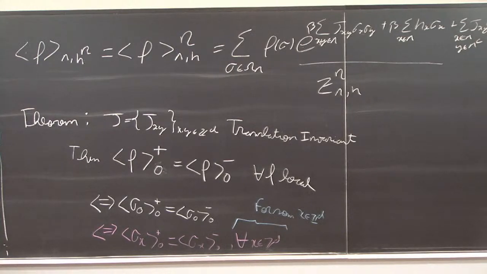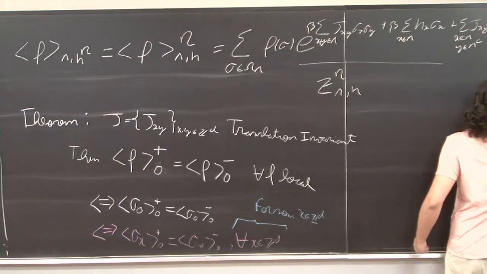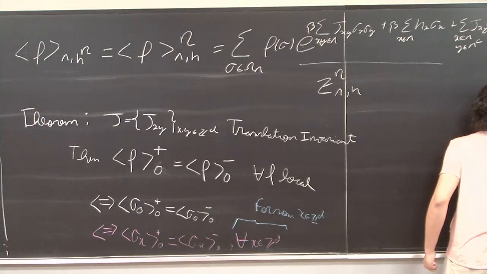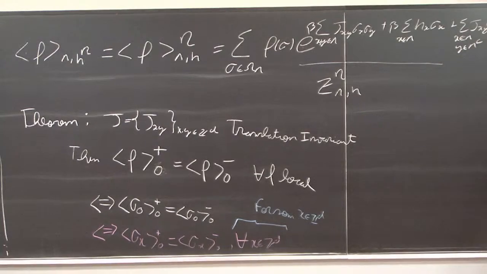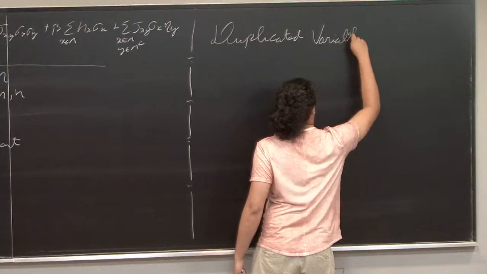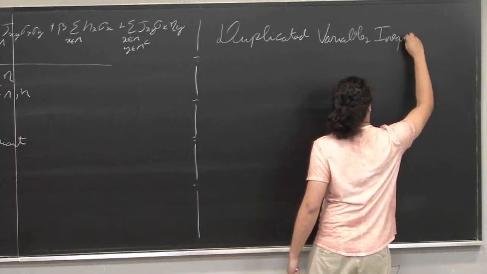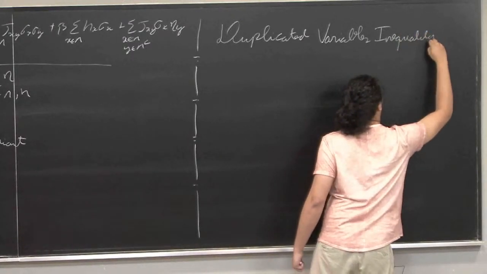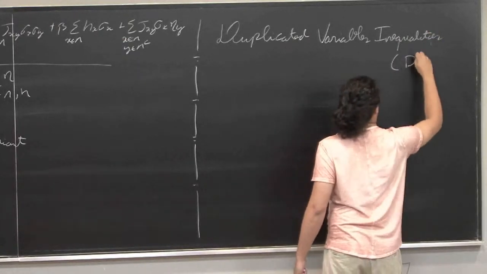Okay, so let's start with the duplicated variables inequalities. For short, DVI, right?